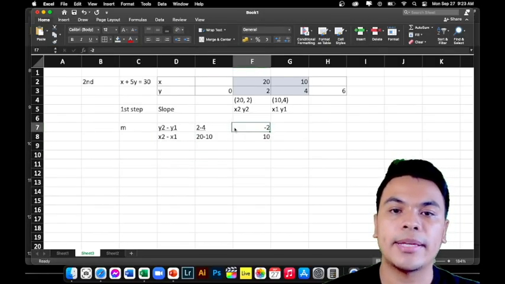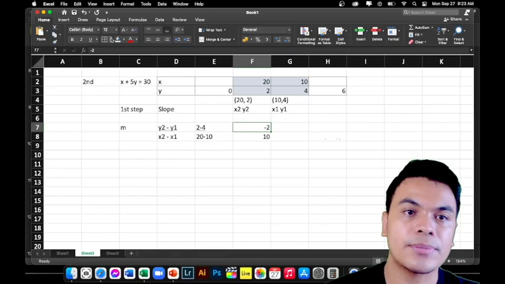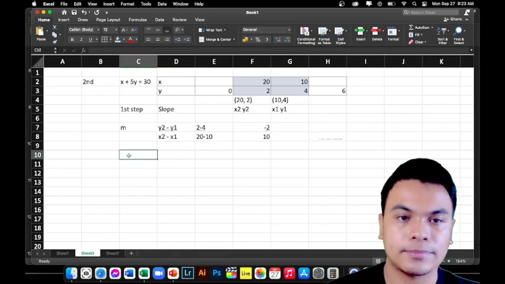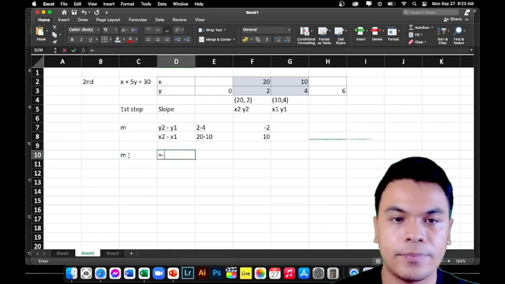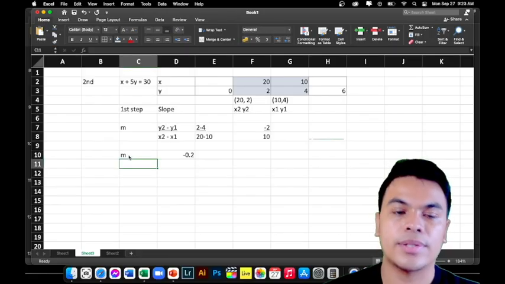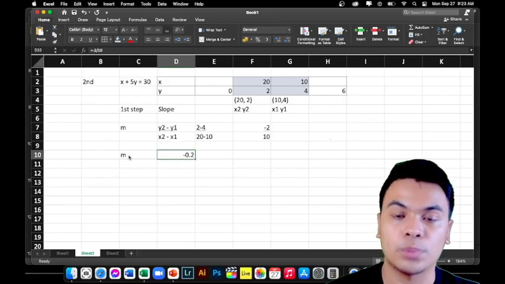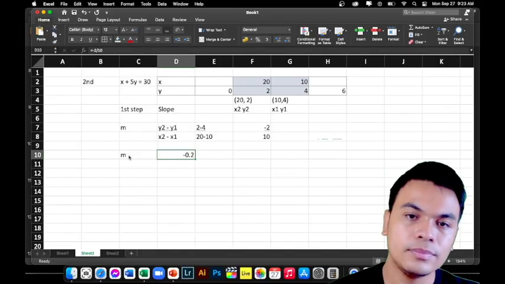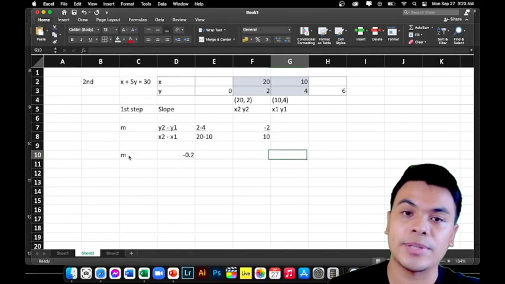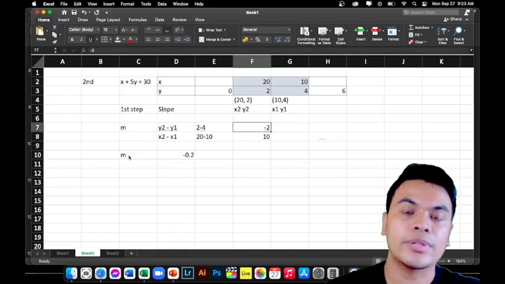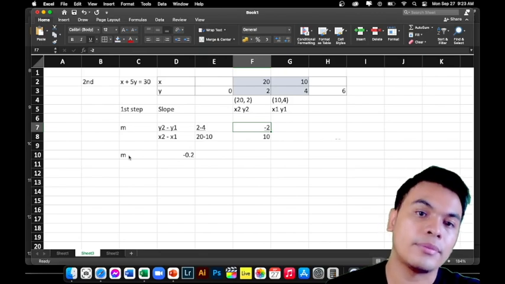So negative 2 divided by 10 is our slope here: negative 0.2. Or if you're going to use a fraction, we can simply use negative 1/5.